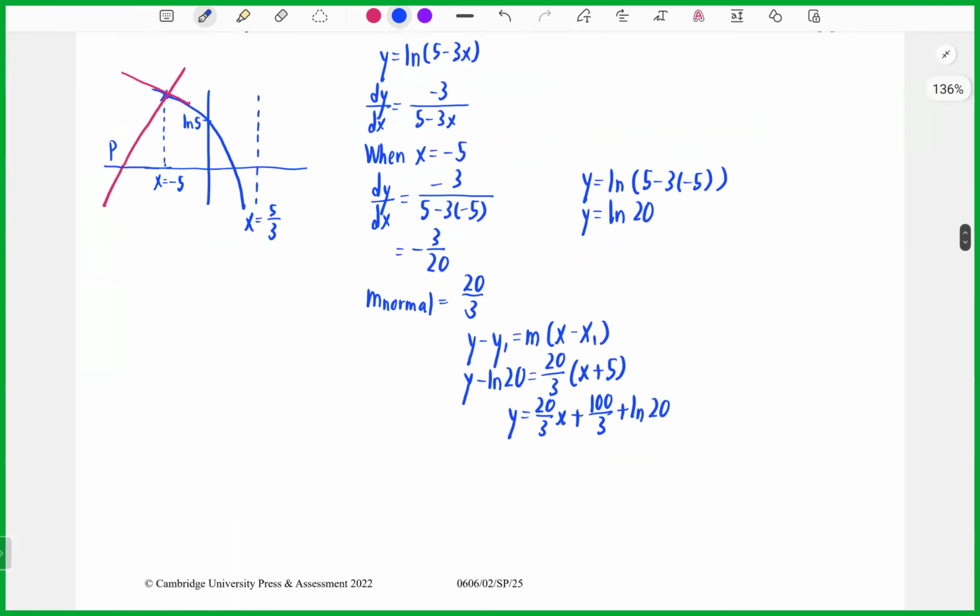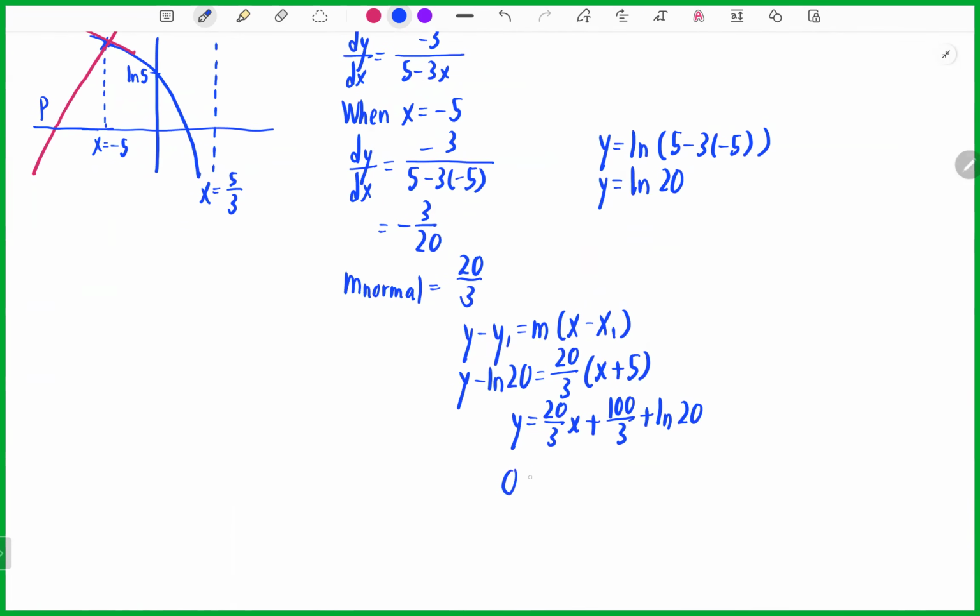Okay, so I can try to find the coordinates of P. The y-coordinate of P, as we know, is 0. So 0 equals to 20 over 3 x plus 100 over 3 plus ln 20. So you will get x equals to, wait a minute, 100 over 3 plus ln 20 over negative 20 over 3.